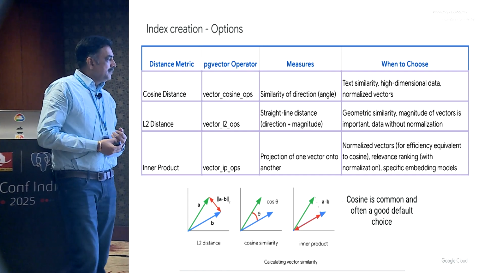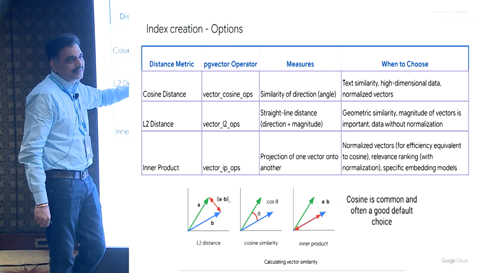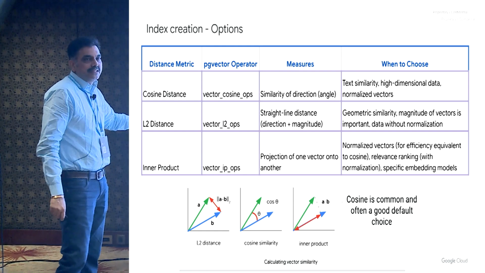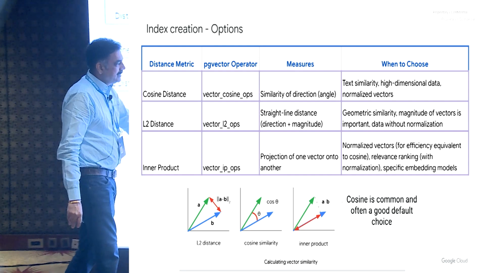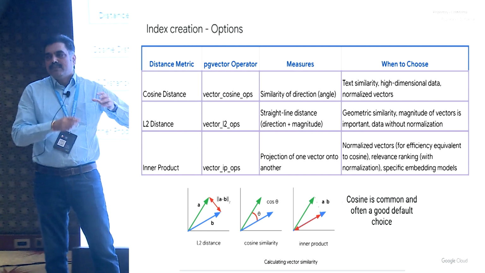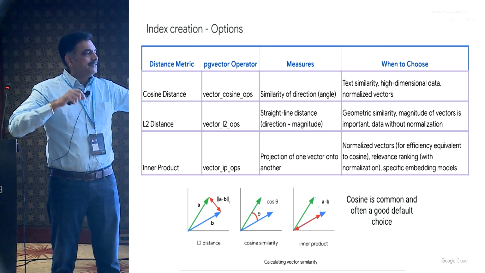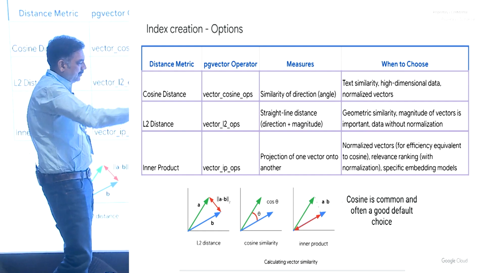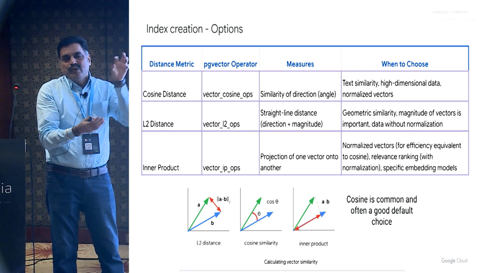So typically popular is cosine, generally what everyone uses, but it may not be true for all situations. So what does this mean? Cosine is basically, we saw certain vectors in the previous image plotted in that sandal example, right? The vectors plotted in a dense format. So cosine is essentially the angle between the two vectors.